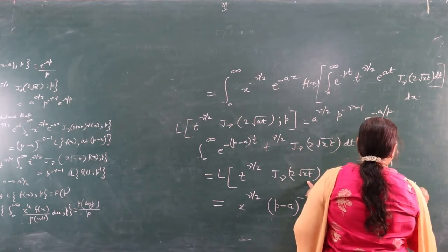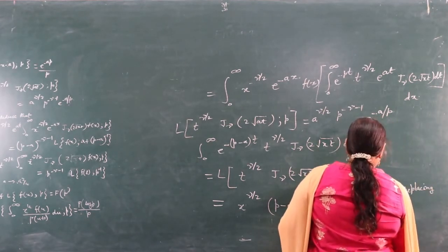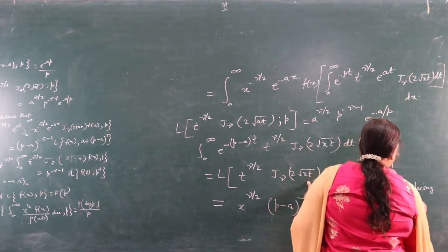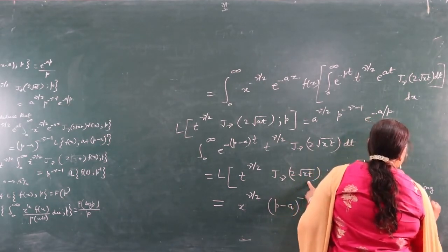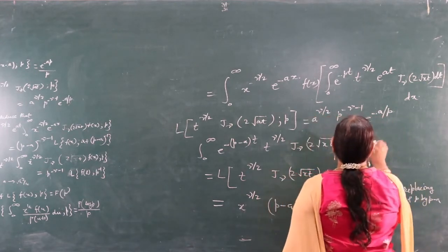Replacing a by x and p by p minus a, we get this result first.